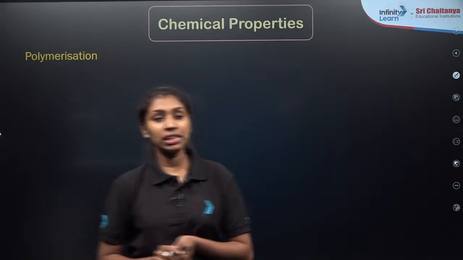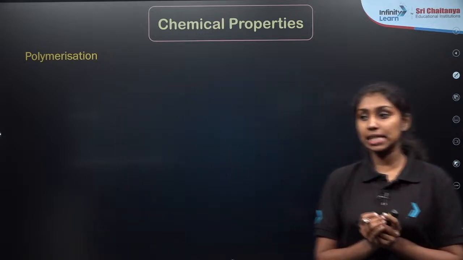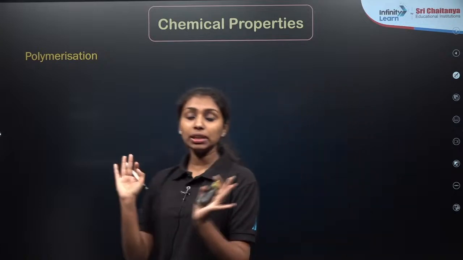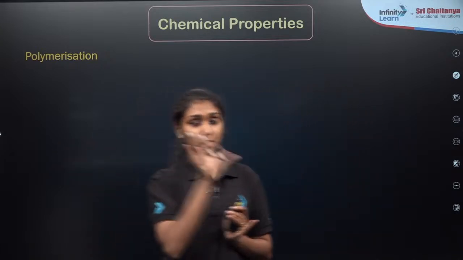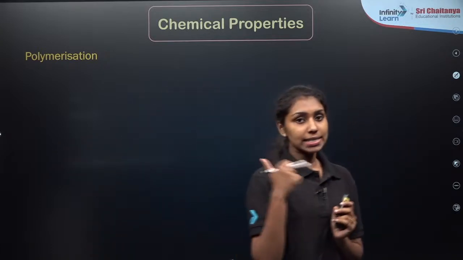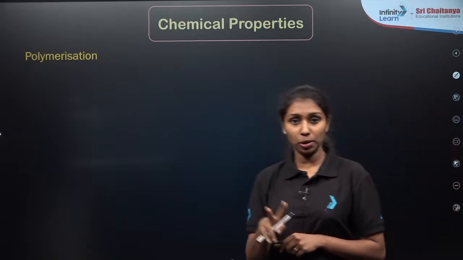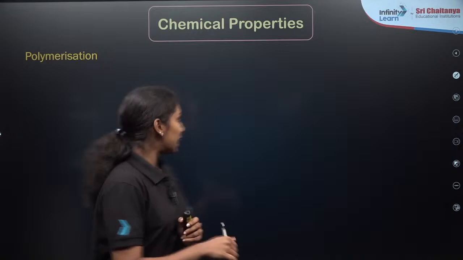Now let us talk about the next chemical property of alkynes, that is the polymerization. As we already know, polymerization means whenever many monomer units combine together to form a large chain compound, it is known as a polymer, right? Here in the case of alkynes, two types of polymerization happen. First one is linear polymerization.